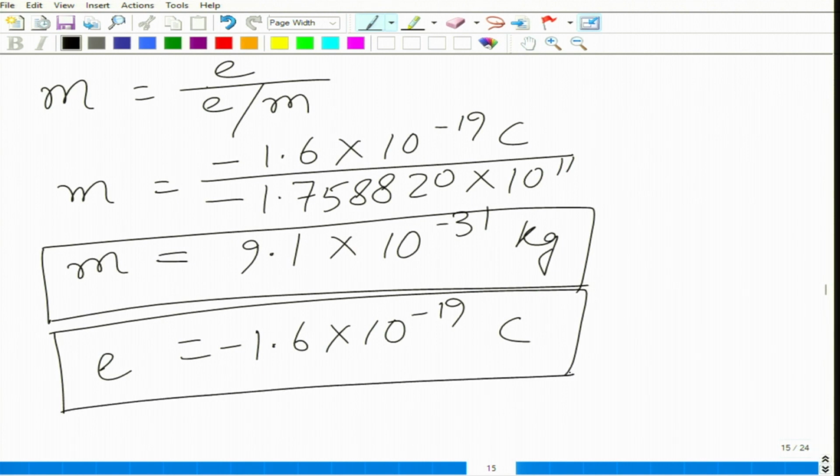These two values, along with the cathode ray experiment, confirmed the discovery of the electron. So the electron was concluded to be the negatively charged subatomic particle, a particle present inside the atom, which is negatively charged and has a very small mass, which is 9.1 into 10 raised to minus 31 kg.